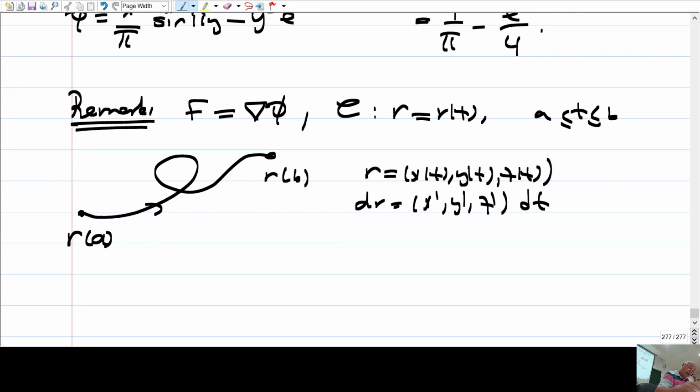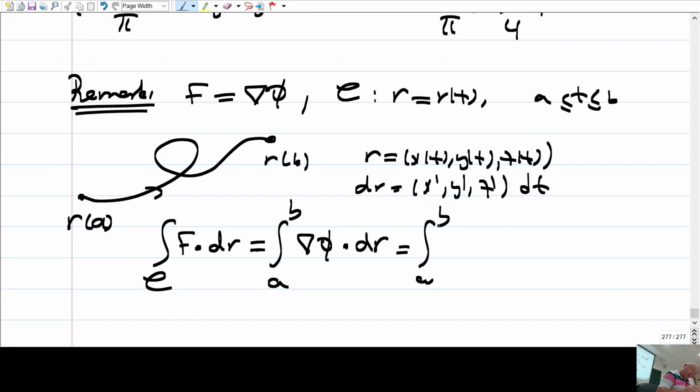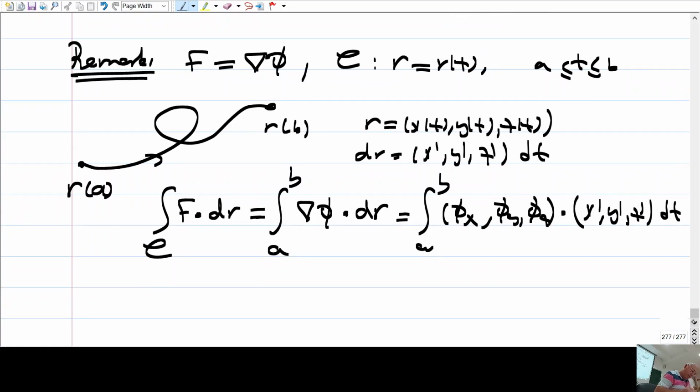So for F dot dr over this curve, we just parameterize it from a to b. F is just the gradient of phi dot dr. So this is the integral from a to b of the x derivative, y derivative, z derivative of phi, dotted with x prime, y prime, z prime dt.